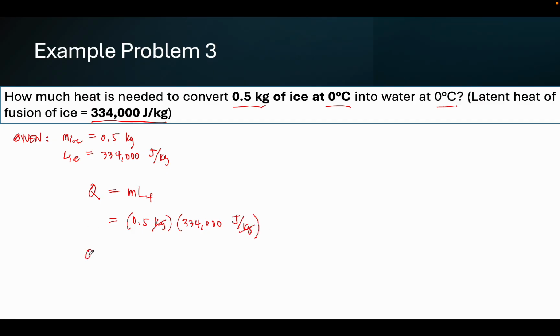And then, multiply 0.5 by 334,000, the result will be equal to 167,000 joules, or our Q is 167 kilojoules. So that is the amount of heat that is needed if we want to convert 0.5 kilogram of ice into water. Okay. So, that is an example for the latent heat.